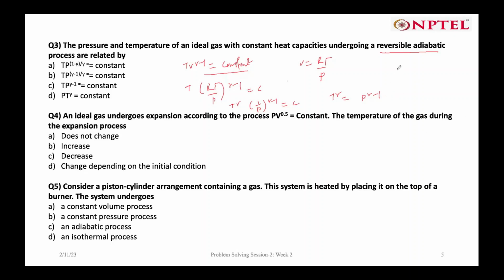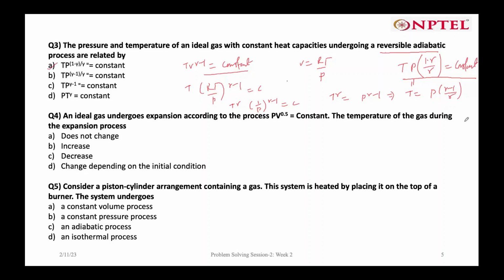So now T is equal to P to the power gamma minus 1 by gamma, right? So when we bring P to this side, right? So option A is right.